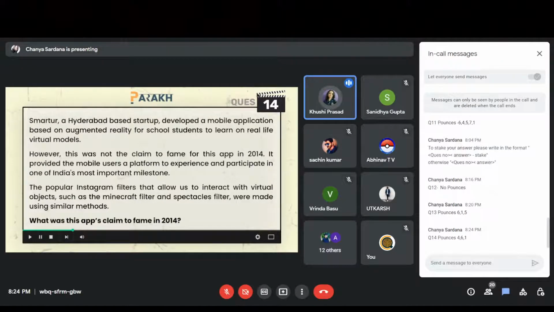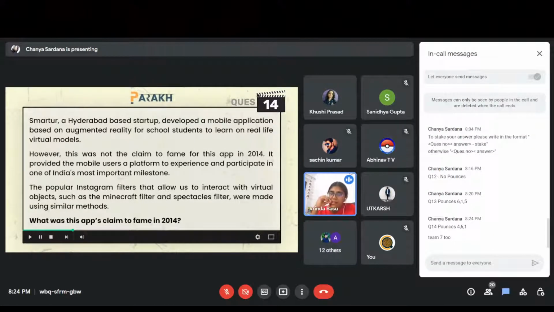So the pounce window is now closed. Team 2, your answer. Team 7 has also pounced. So the app lets you take a selfie with Mangalyaan. Yes, that's correct.